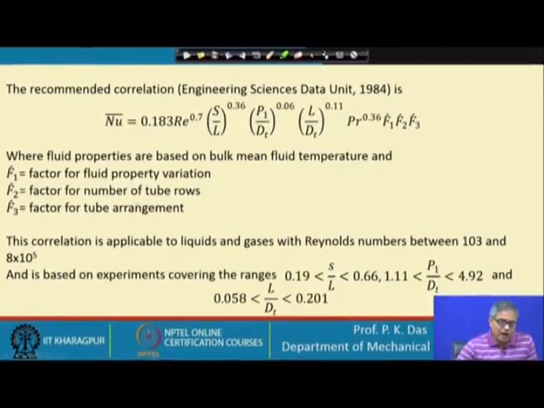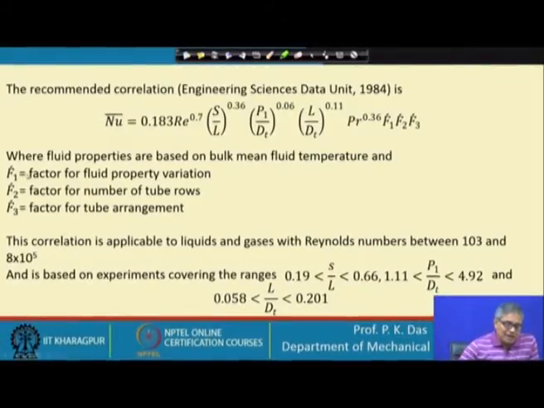F2 is the factor for the number of tube rows. Generally, the more tube rows there are, F2 will come closer to 1. F3 is the factor for tube arrangement. Tubes can be arranged in many different ways, so depending on the tube arrangement we can have some factors.